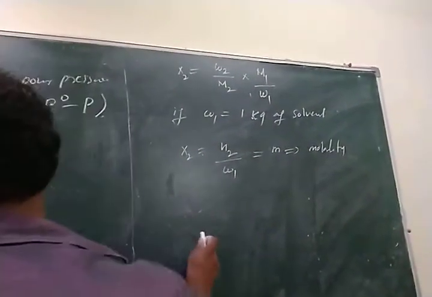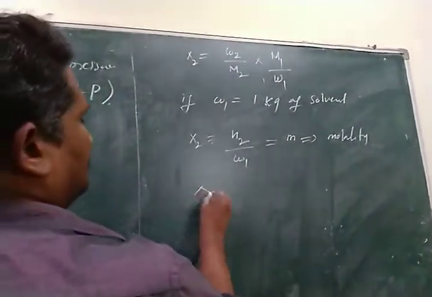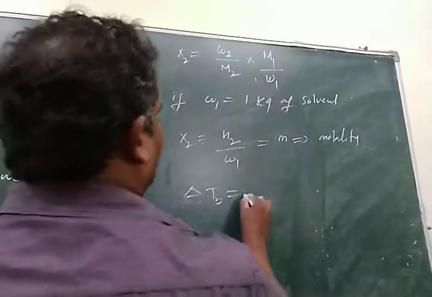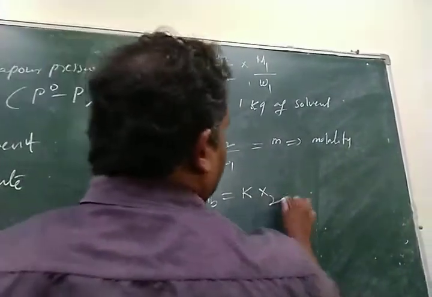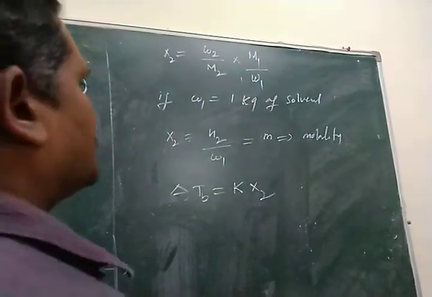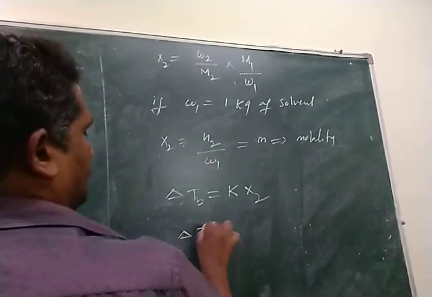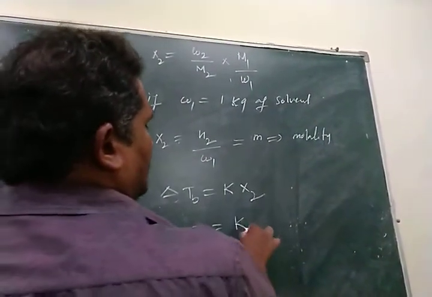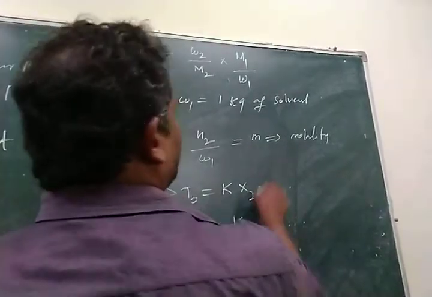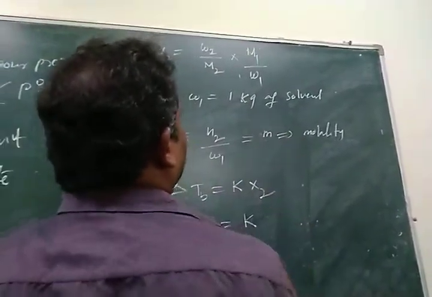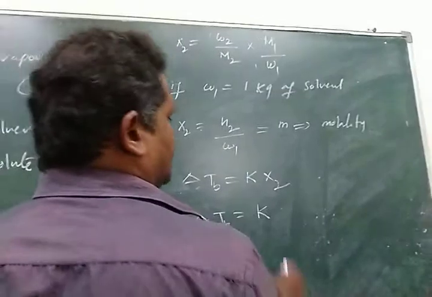So from this, you know that delta TB equals K into x2. In the place of x2 you can write molality.